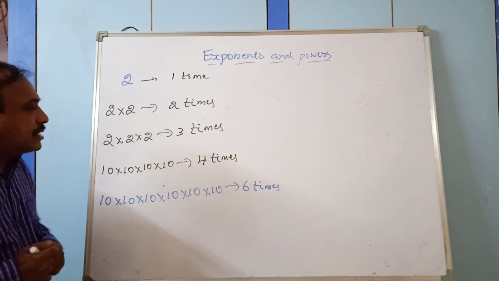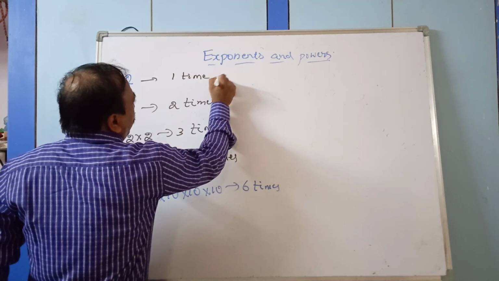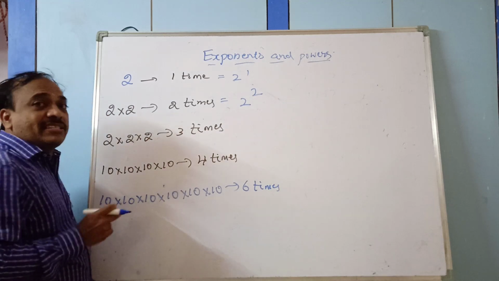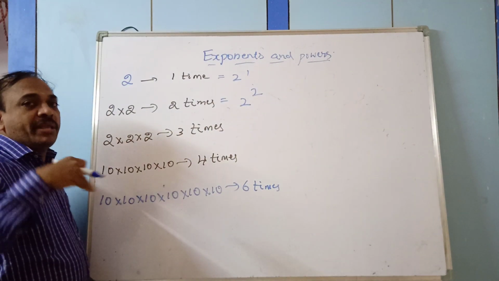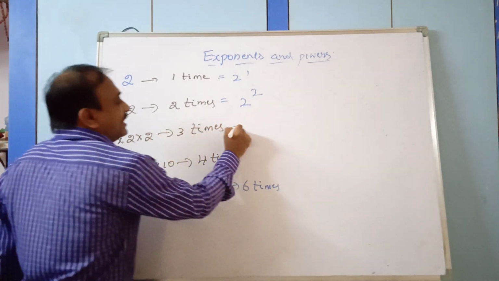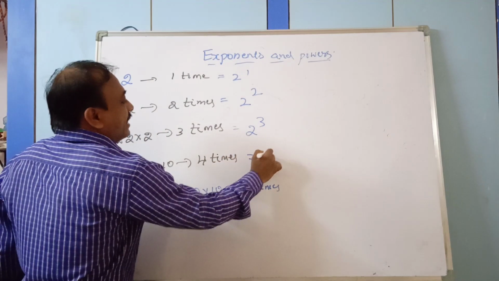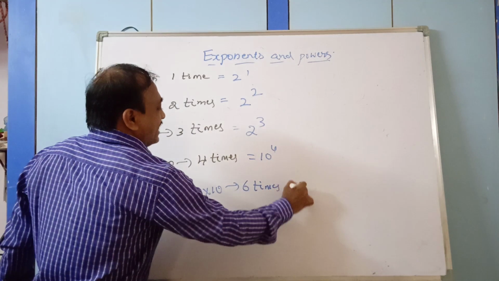We write this as 2 to the power 1, and, as we already learned, because it is rising, 2 raised to the power 2, 2 raised to the power 3, 10 to the power 4, 10 to the power 6.